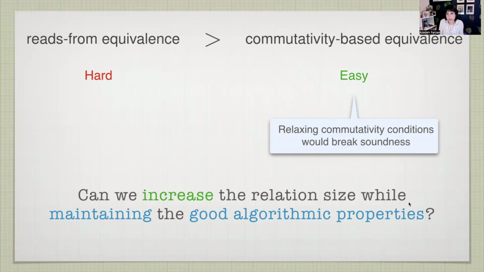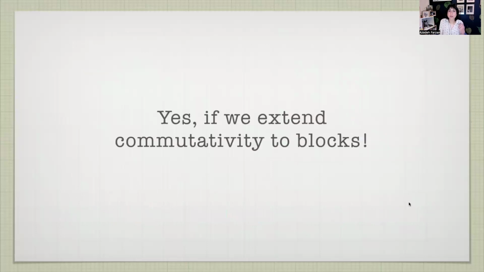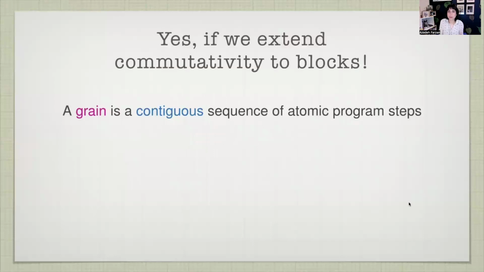And the answer presented itself in an observation that you can keep it easy by keeping it commutativity-based, but you now extend commutativity from individual atomic actions that appear in the run to sequences of atomic actions, which I'm calling blocks.